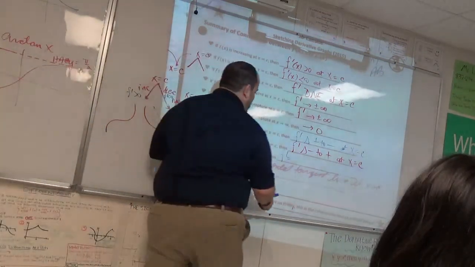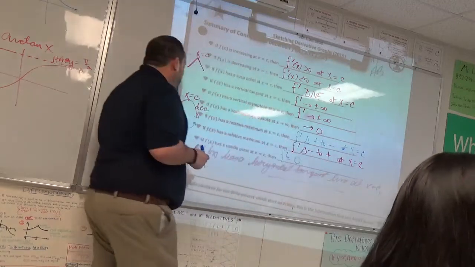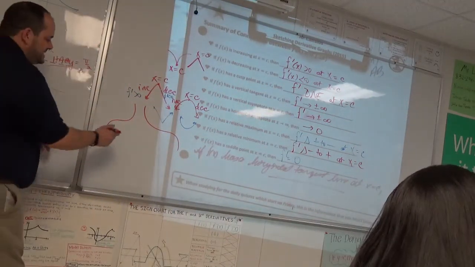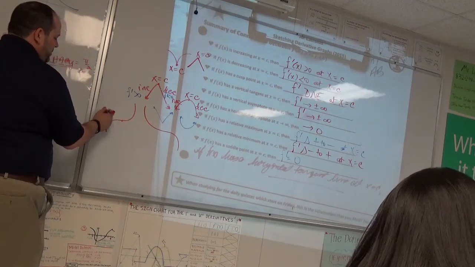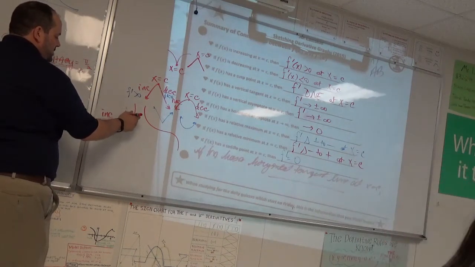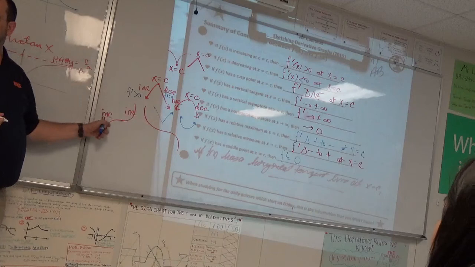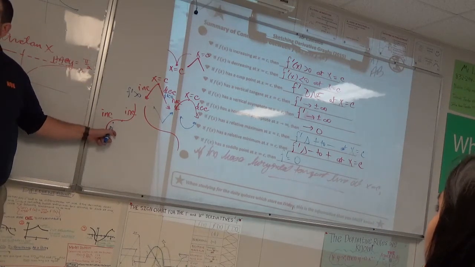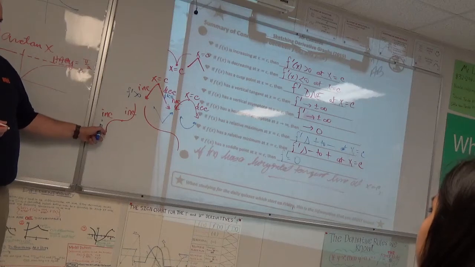Now here's the thing that I want to be really careful about. There's actually something else that's happening. At a saddle point, before the saddle point my function's increasing, after the saddle point my function's increasing. What happens with the derivative?